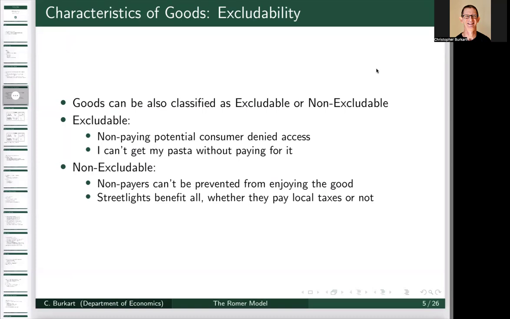Excludability determines who gets access. If a good or service is excludable, it means that I can't get access to it without paying for it, right? Pasta doesn't just fall from the sky. I have to go to the store and exchange some money to purchase the pasta. Something that's non-excludable, you can't stop people who don't pay from getting access to or enjoying the good or service.